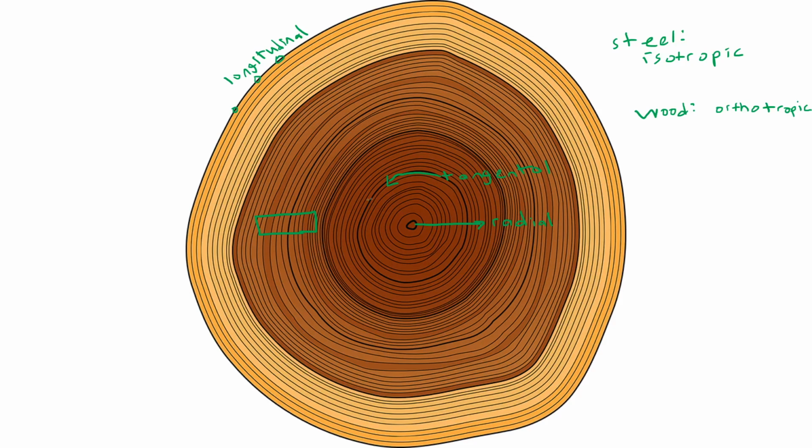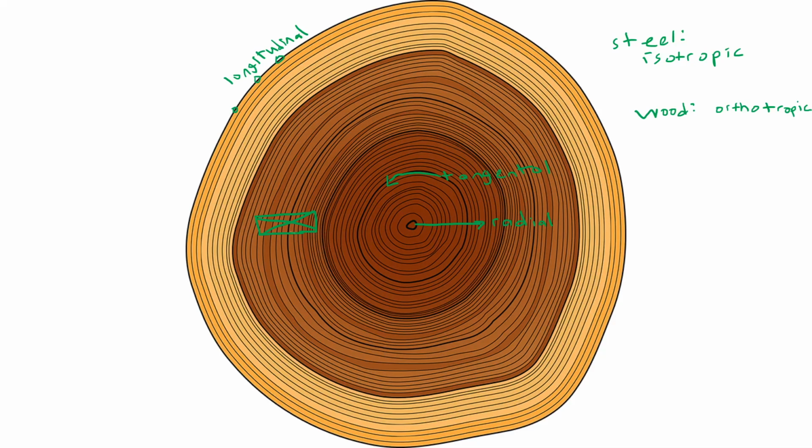So if you tried to cut something out like this, you wouldn't get a very long piece of lumber. Instead, we cut things out like this, with the length of the board running along the length of the trunk, or if it was a particularly large branch, maybe along the length of the branch.